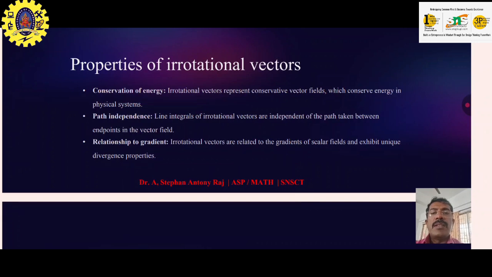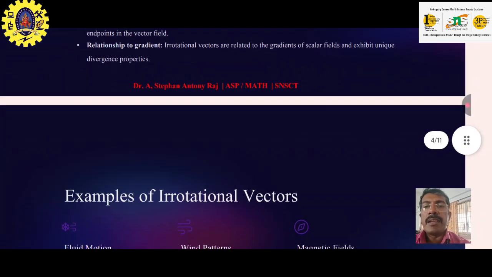The next property is the relationship to gradient. Irrotational vectors are related to the gradients of vector fields and exhibit unique divergence properties. These are very important properties of irrotational vectors, which are most beneficial in engineering, especially mechanical engineering.